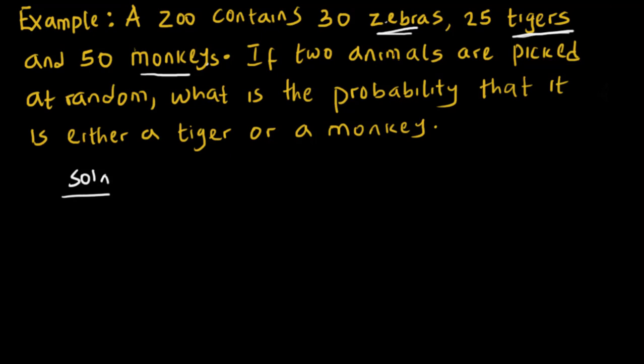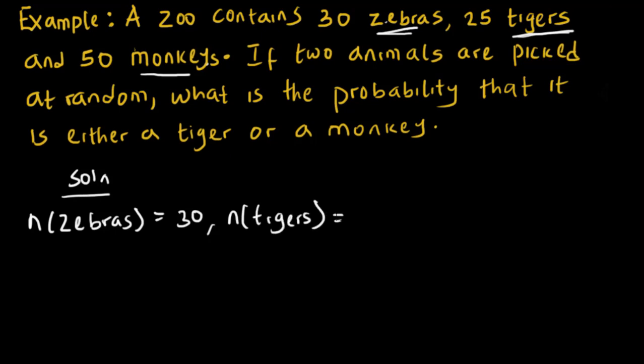Can we do that? So we have number of zebras equals 30, number of tigers equals 25, then lastly number of monkeys equals 50. Now remember, the last thing we need to do is to add them up.